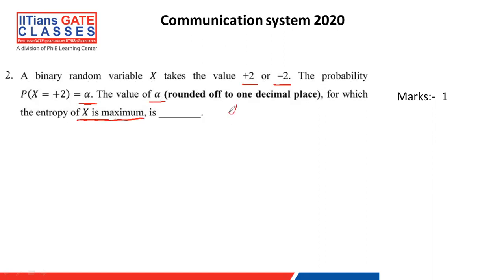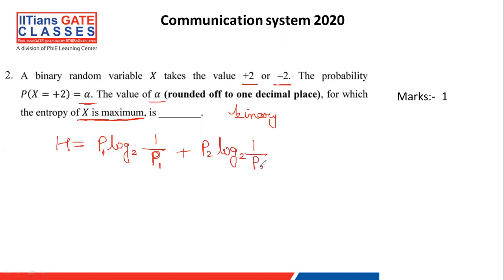So here this is a binary source, and to calculate the entropy H, we need to use this formula: P1 log 2 1 by P1 plus P2 log 2 1 by P2, where P1 plus P2 is equal to 1.